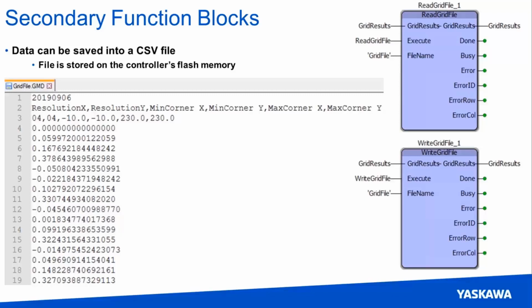So it's always safe to execute write grid file after grid measurement has been executed and completed, so that you can always come back and execute read grid file and come up with the same data that you had from the one time, ideally, that you ran grid measurement.